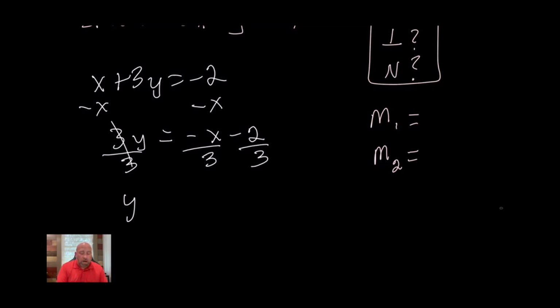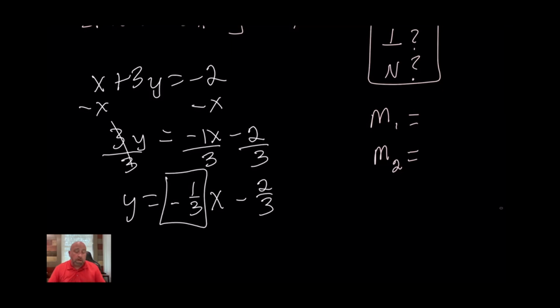And now we're going to get y equals, and this is a 1x, there's always a 1 in front of that, so negative 1/3 x minus 2/3. And that really doesn't matter. This is the only thing that we're worried about because this is our m. Okay, so this is m1. Our m1 is going to be negative 1/3.